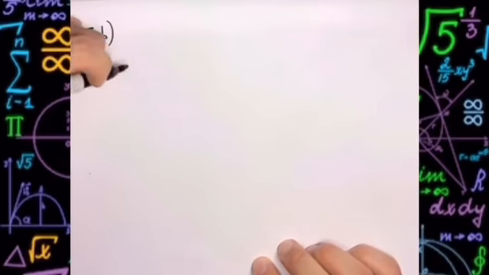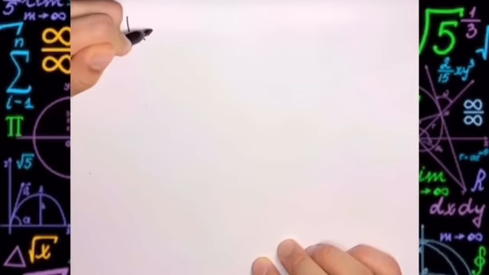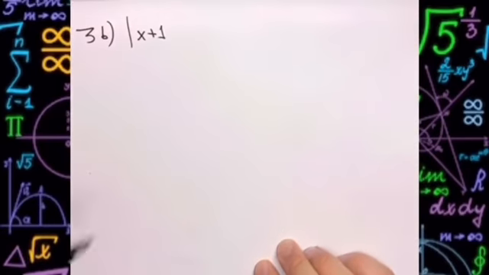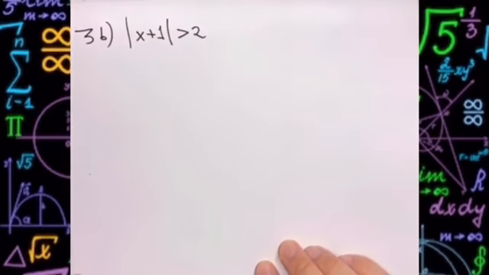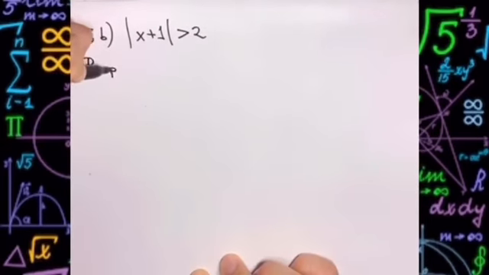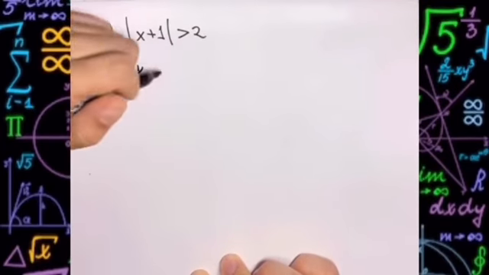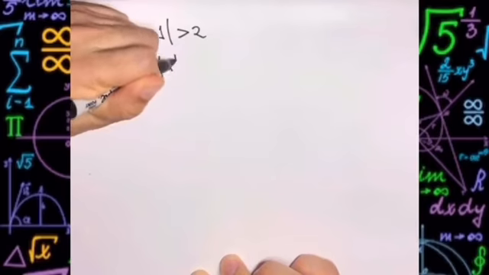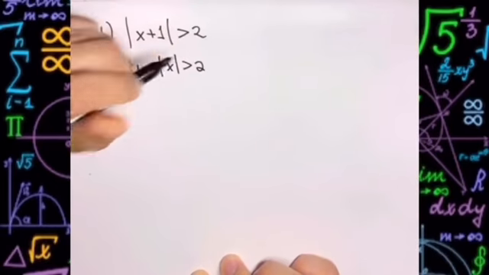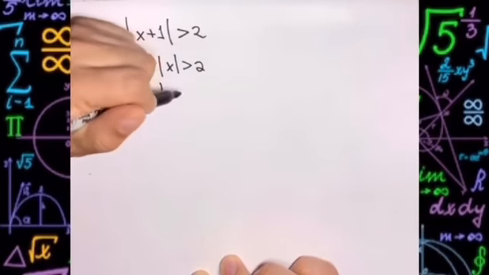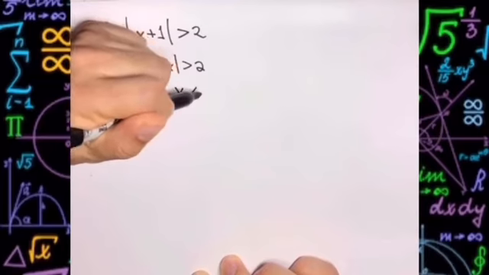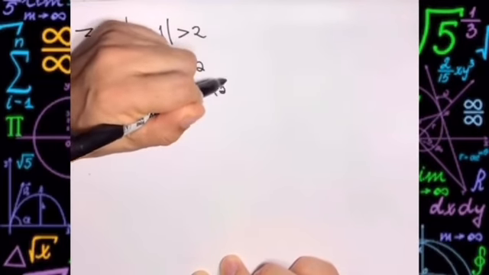For exercise 3b, we're going to do the other property of absolute value, the greater than. So here we have absolute value of x plus 1 greater than 2. And the property of absolute value is that absolute value of x greater than a, meaning whatever expression you have, is equal to x greater than a union with x less than minus a.